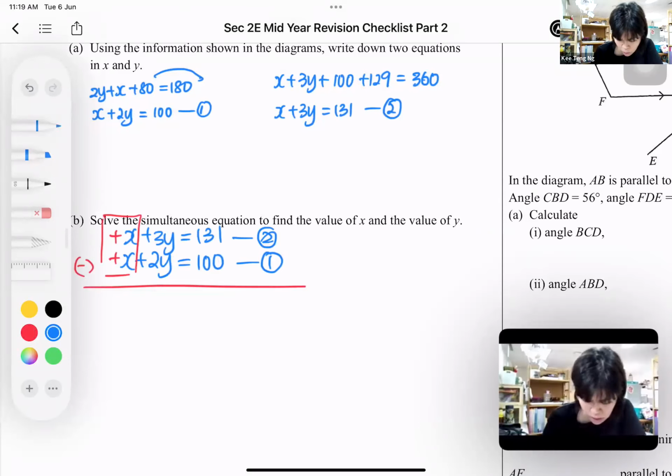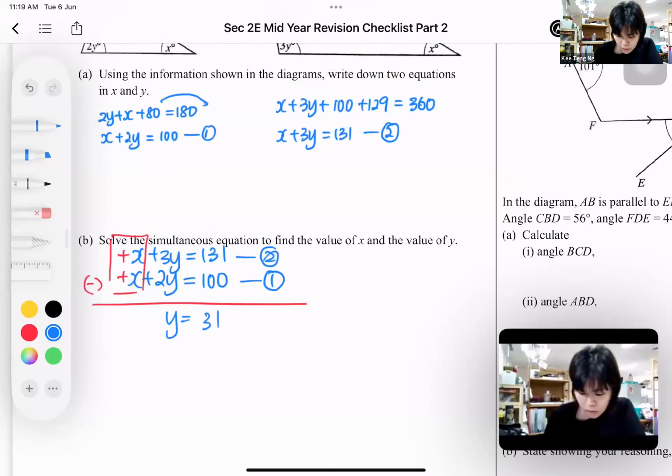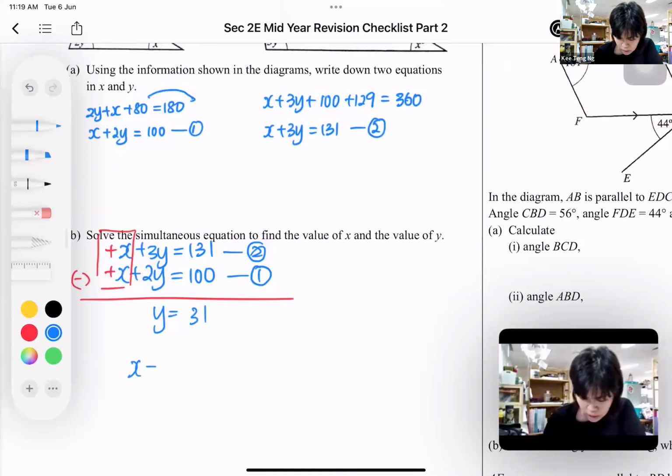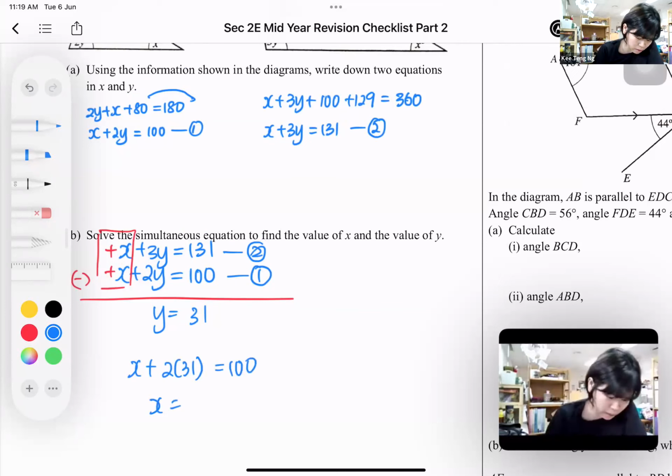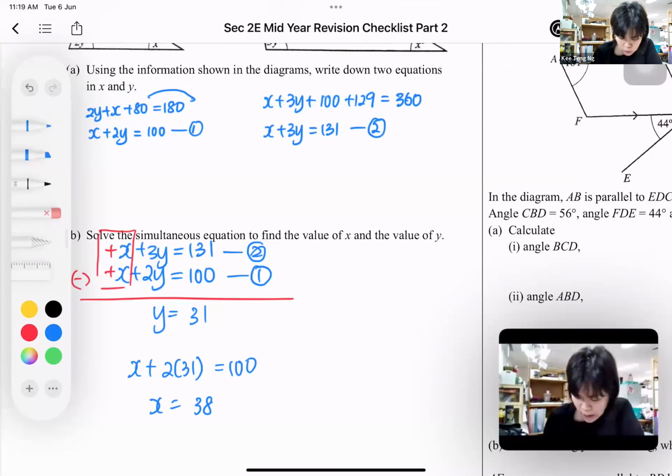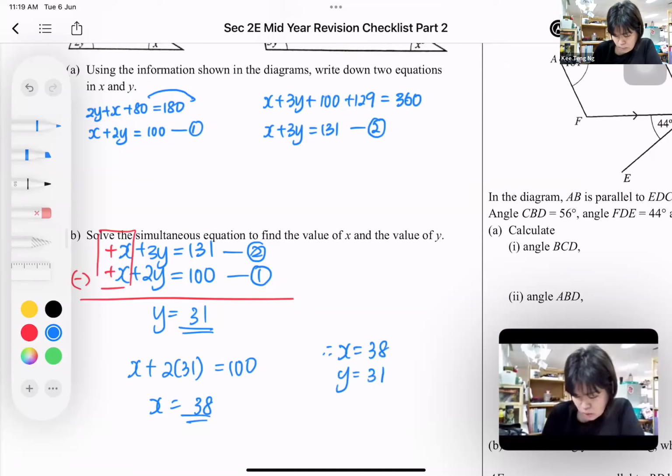So I'm left with y equals 31. Then after I find my value of x, x plus 2 times 31 equals 100, so x is 38 degrees. They want just the value, so no need for units. So x equals 38, y equals 31. Okay, done.